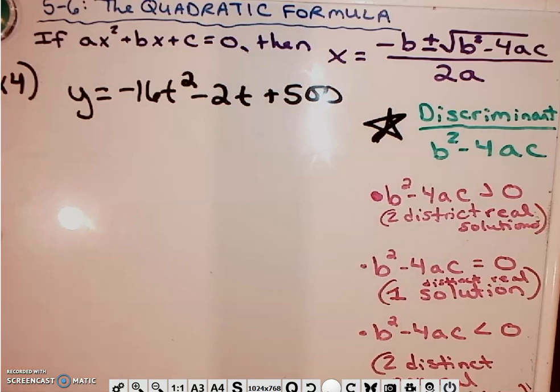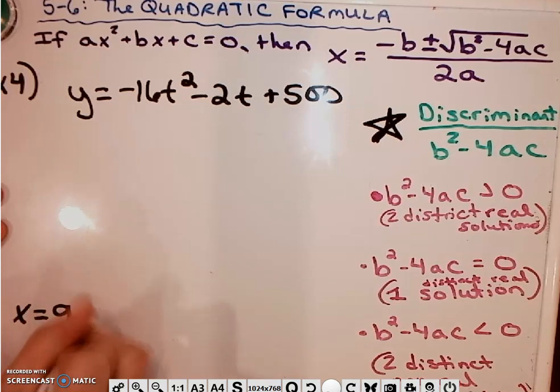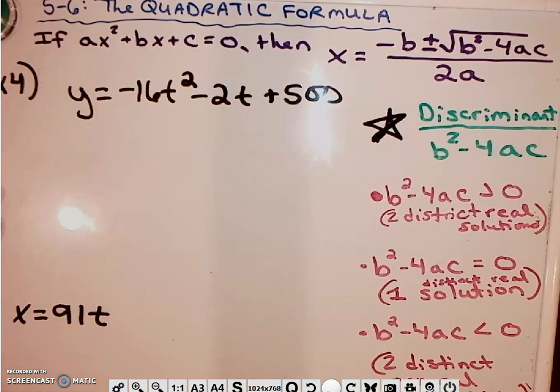So y here is the height in feet of the water, and t is the number of seconds. Then it says the horizontal distance x in feet between the water and its point of release is modeled by x equals 91 times t. At what horizontal distance from the fire should the pilot start releasing the water in order to hit the target?